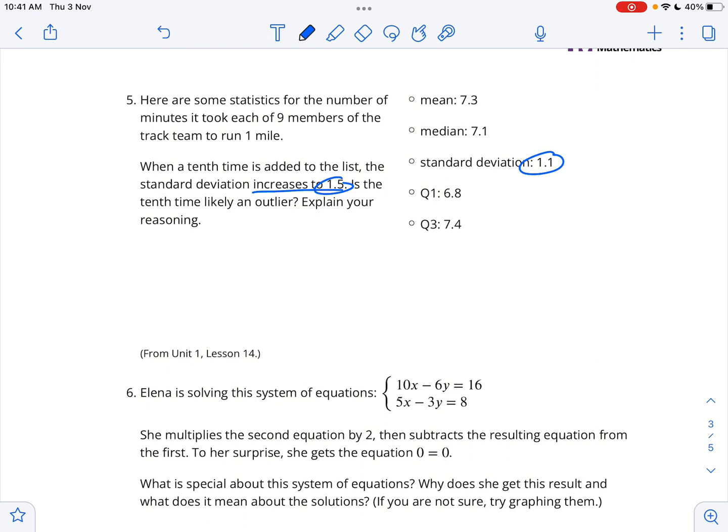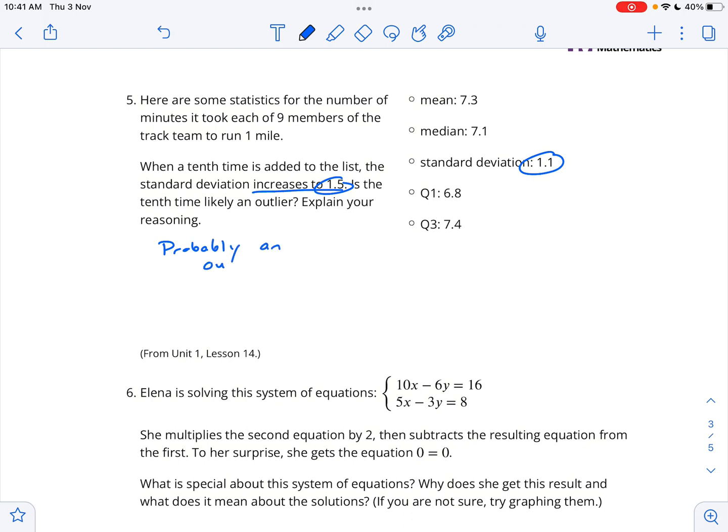That's increasing the standard deviation, but not by a large amount, like what's happened here. That tells us the new value probably is an outlier, because that's a pretty big jump in our standard deviation.